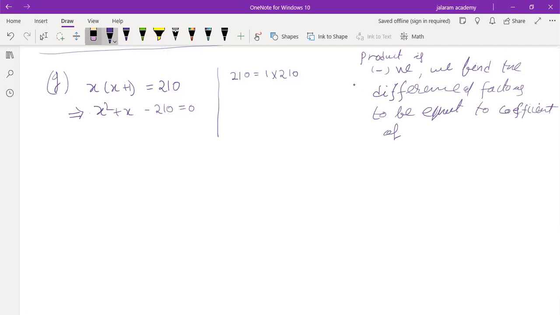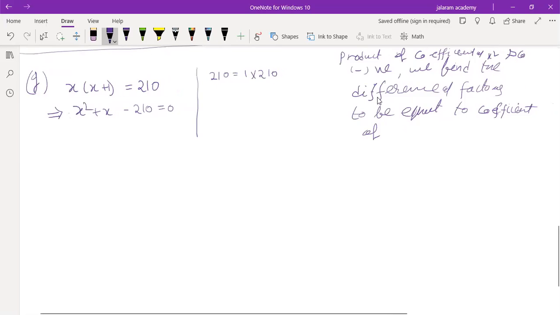Product of the coefficient of x square and the constant is negative. We find the difference of factors to be equal to the coefficient of x.